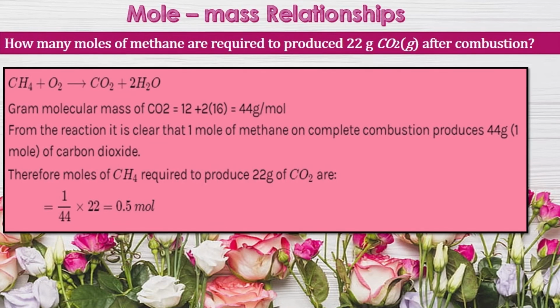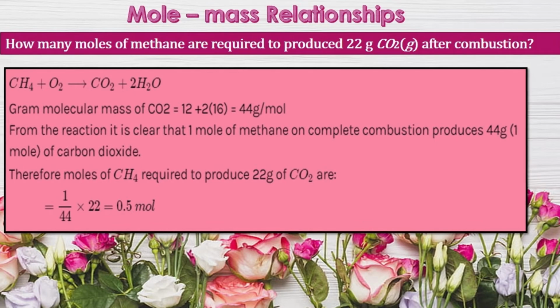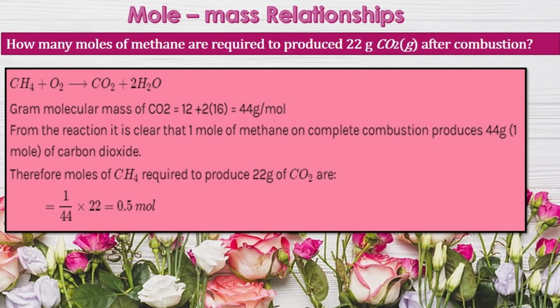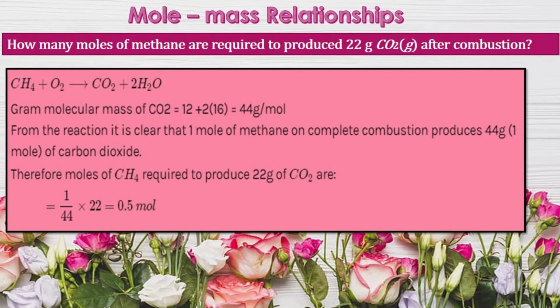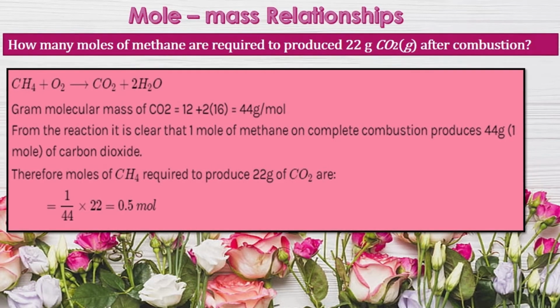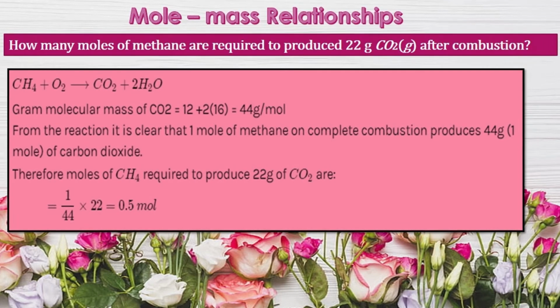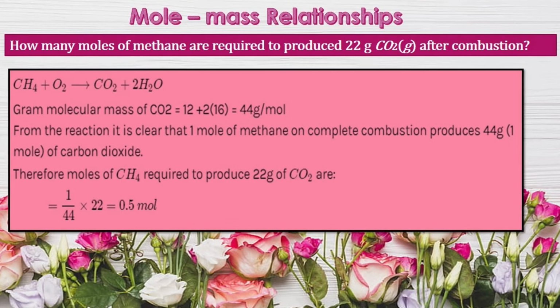Now, based on the given values, find out the number of moles of carbon dioxide involved. Here they have not given the number of moles of carbon dioxide directly. Instead, they have given its mass. So based on the given mass, you can calculate its number of moles. We know number of moles is equal to given mass divided by its molar mass.